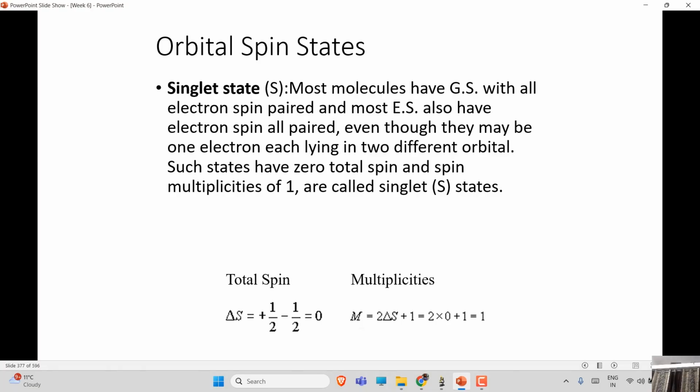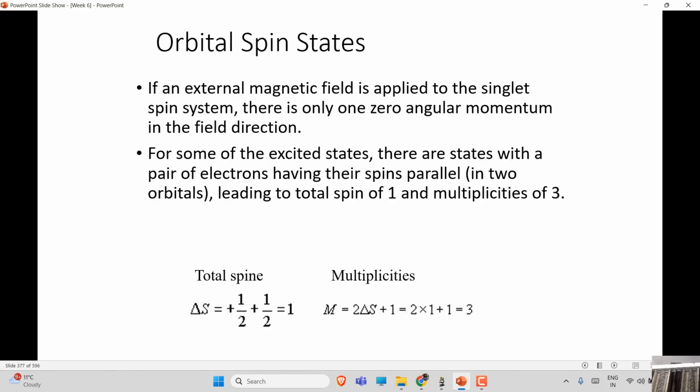So such states have zero total spin and spin multiplicity of 1 and are called singlet states. Total spin will be plus half minus half, so 0. Now if an external magnetic field is applied to the singlet spin system, there is only one zero angular momentum in the field direction.